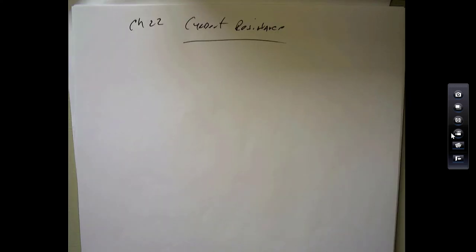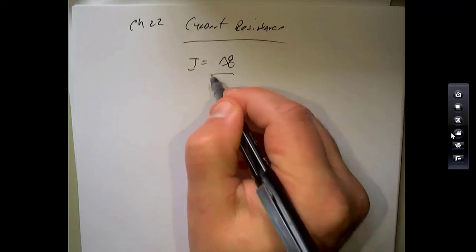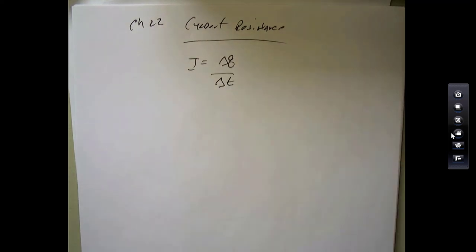Okay? And then we started to look at things in a more macroscopic, more tangible way, with chapter 22, which is called current and resistance. So the amount of current that you have is equal to the amount of charge that crosses through some cross-sectional area in a certain amount of time.